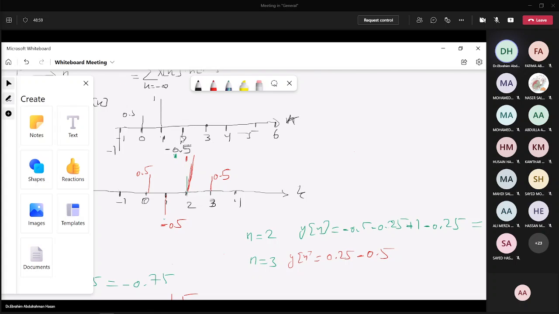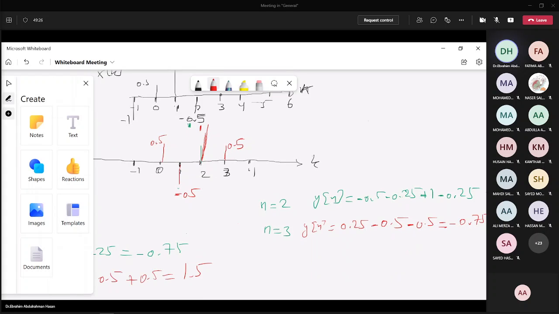Here 1 multiplied by minus 0.5, so minus 0.5. And here 0.5 multiplied by 0, which is equal to 0. So then this is clear, it is equal to minus 0.75. Okay, done, then n equal to 4.